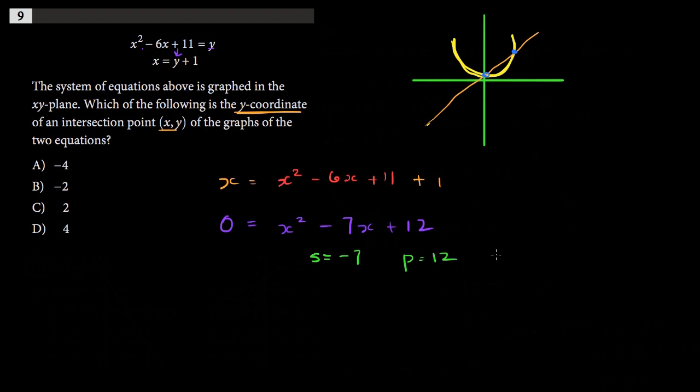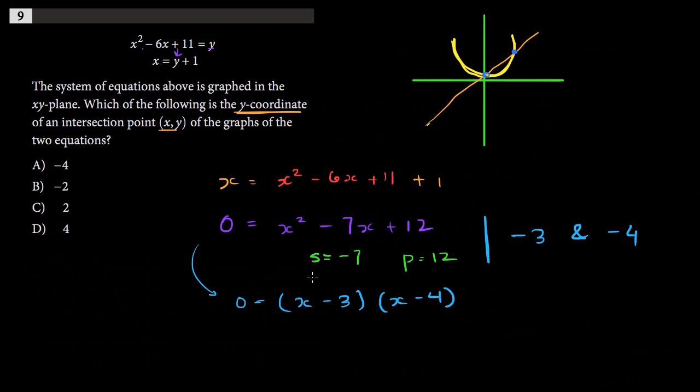I'm finding two numbers that add up to minus 7 and multiply to give 12. The two numbers are minus 3 and minus 4. So if I rewrite this quadratic, it becomes 0 equals x minus 3, x minus 4.